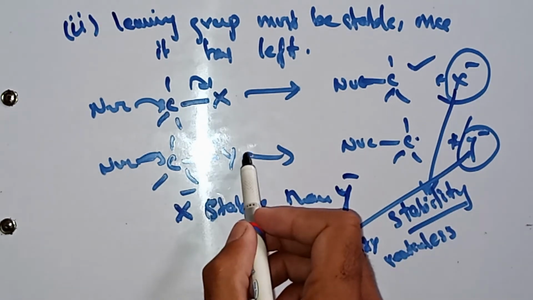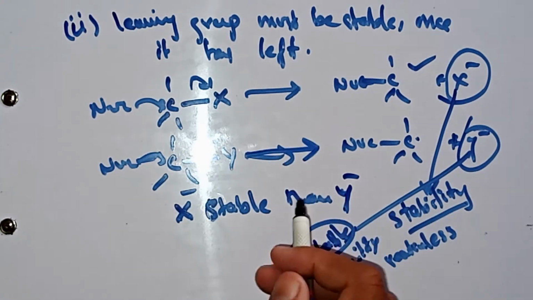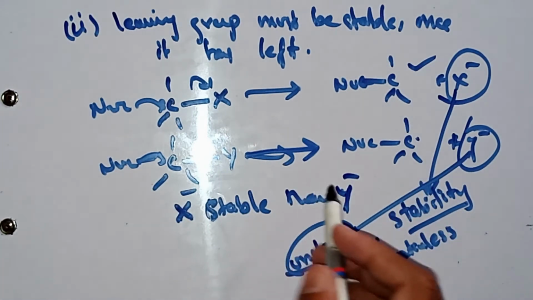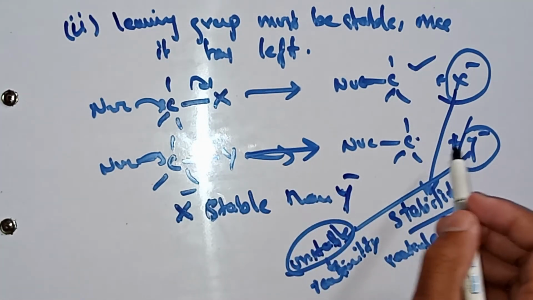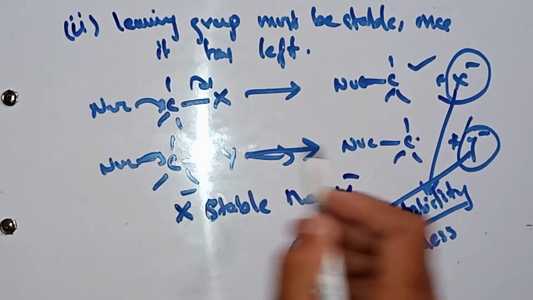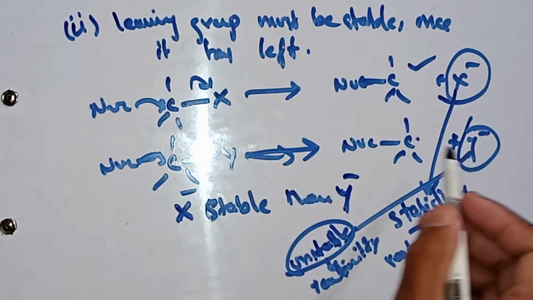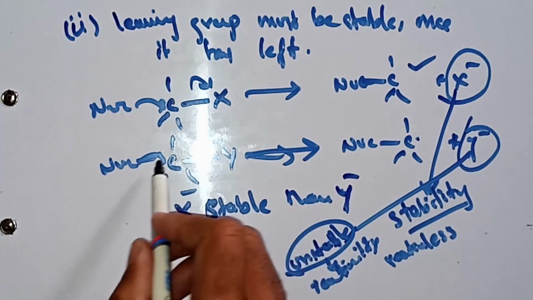When it shows reactivity, it means it may react again on this carbon. So the reaction will not be completely favored in the forward direction, because the Y negative is not stable enough when alone, but becomes stable when attached to this carbon.